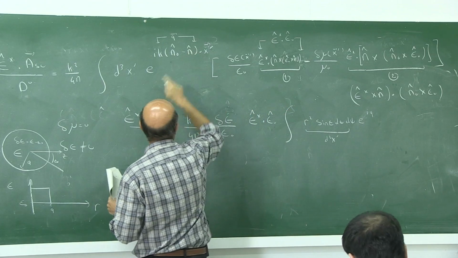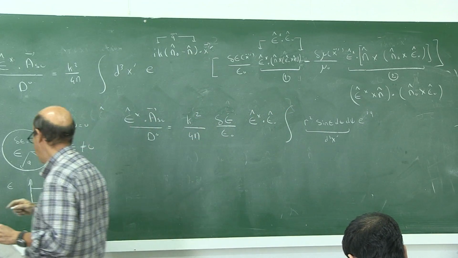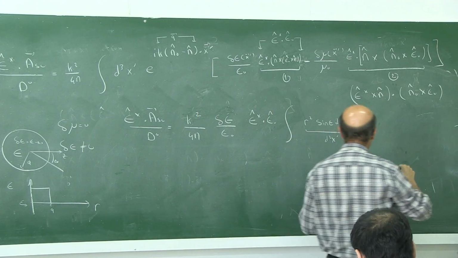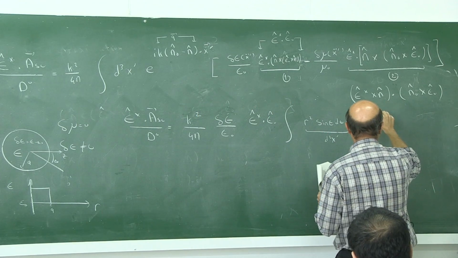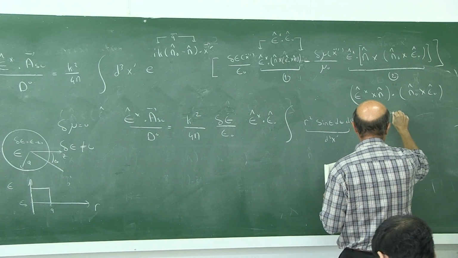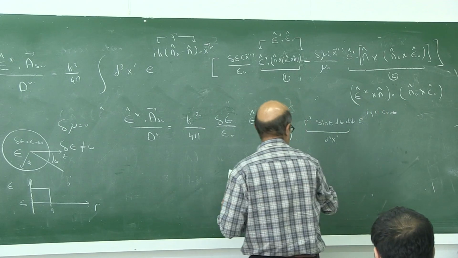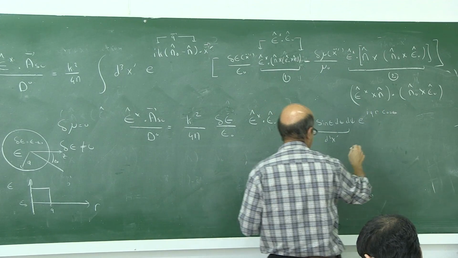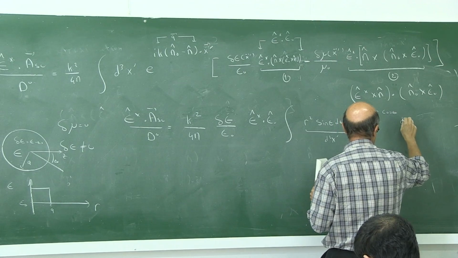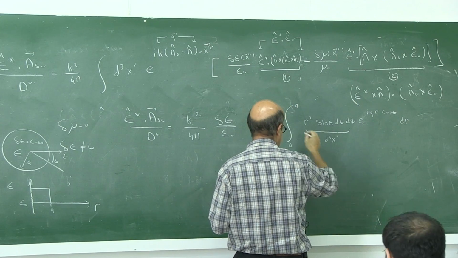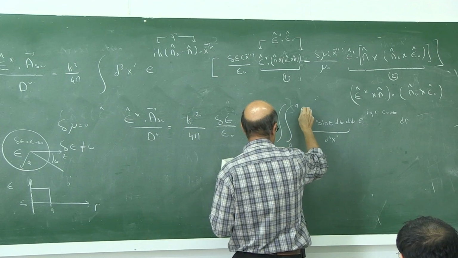What is q dot x prime? q dot x prime is nothing but q r cosine theta. For dr the integral has to be taken from 0 to a, and theta and phi integrals have to be also taken.